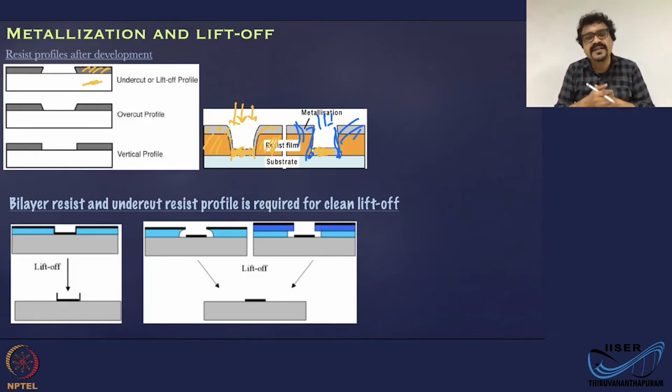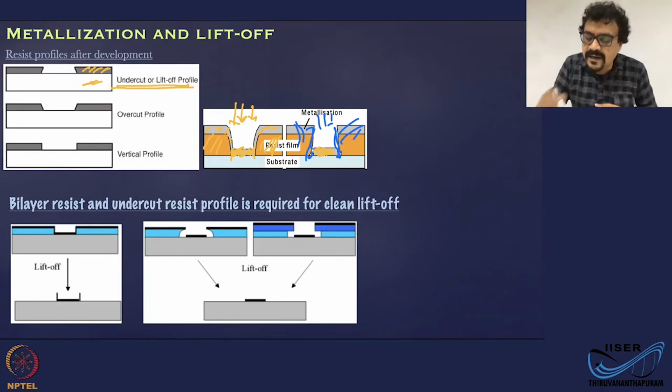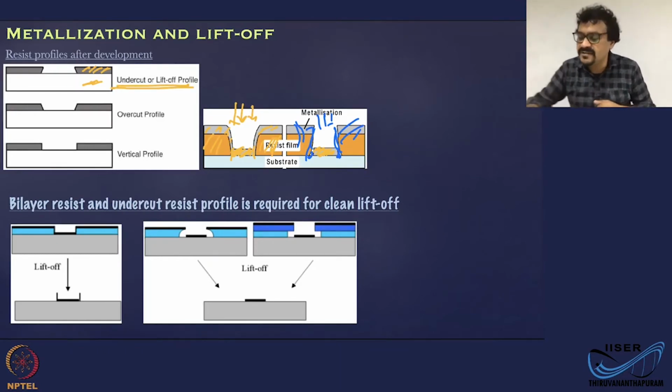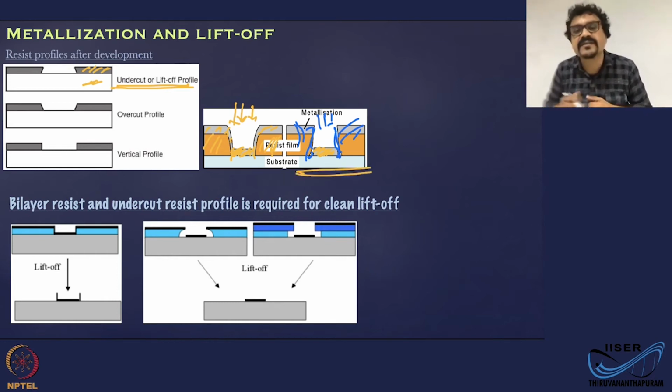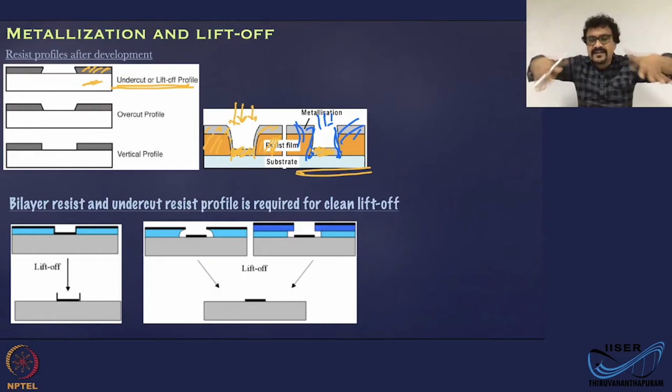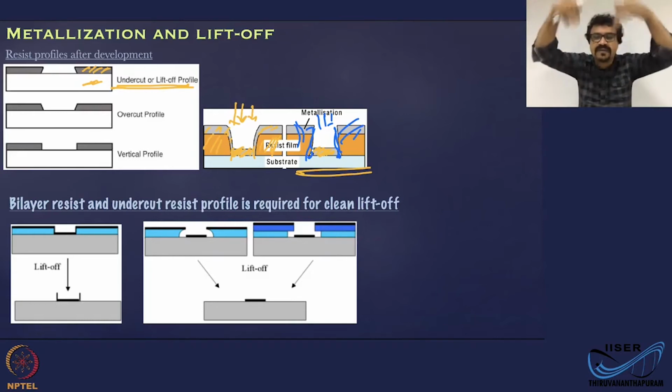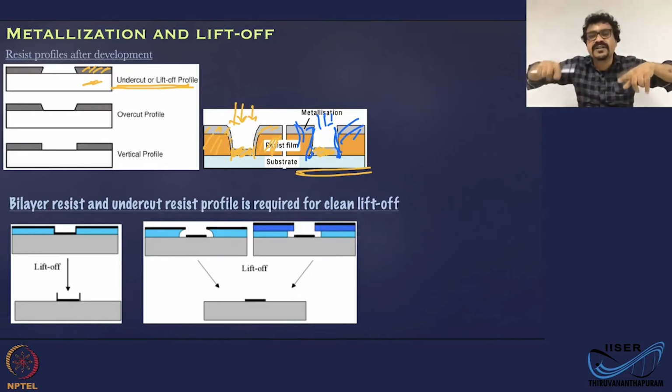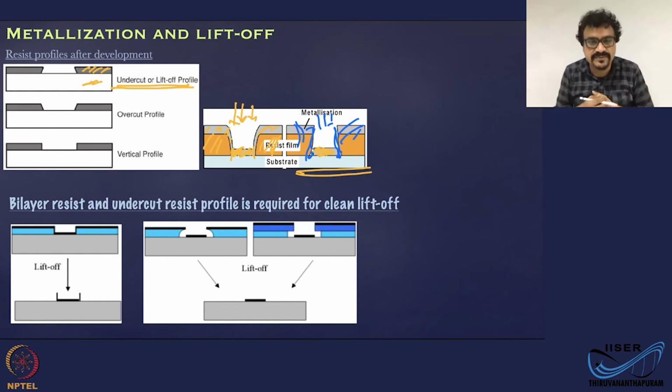So what you need for a clean lift off is something called an undercut or lift off profile, which is something like this. We want more of a cave-like feature towards the bottom. You want an undercut, so that when you deposit metal, you get breaks, so that the metal film is not really continuous. Generally this undercut profile is obtained by something called a bilayer resist.